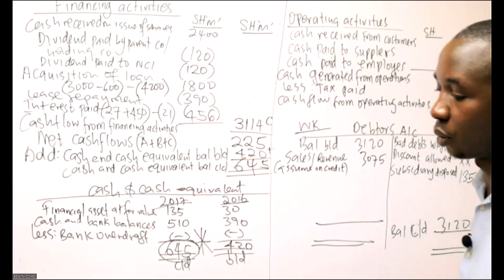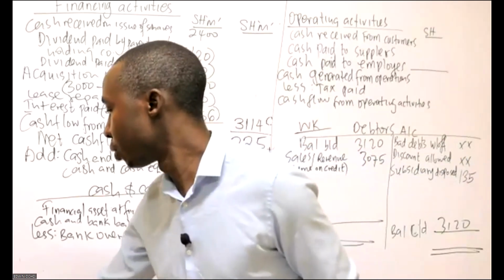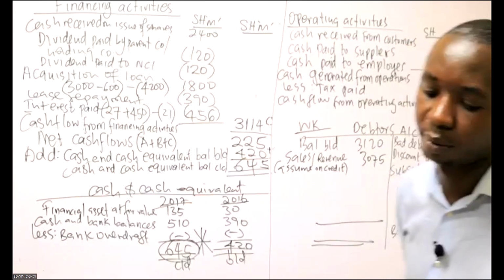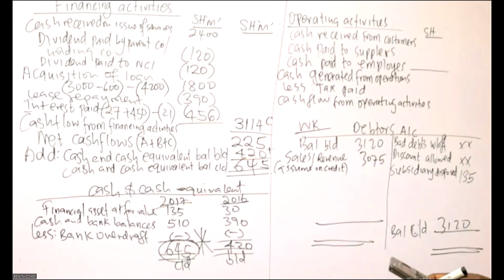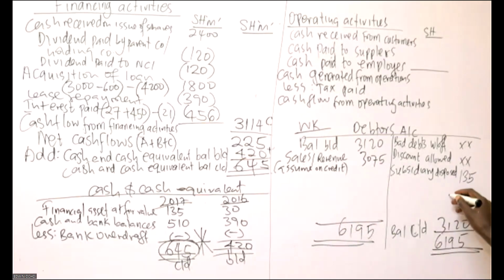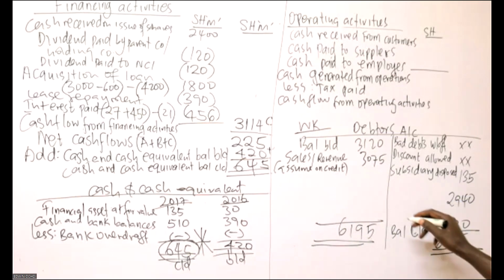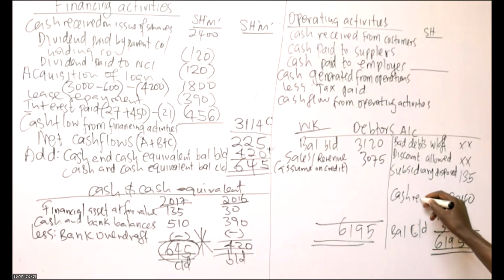So the balancing figure is what you received from the customers. So that 120 plus 3075. So this is 6195. 6195 minus that 120 minus 135. So you have 2940 cash received.